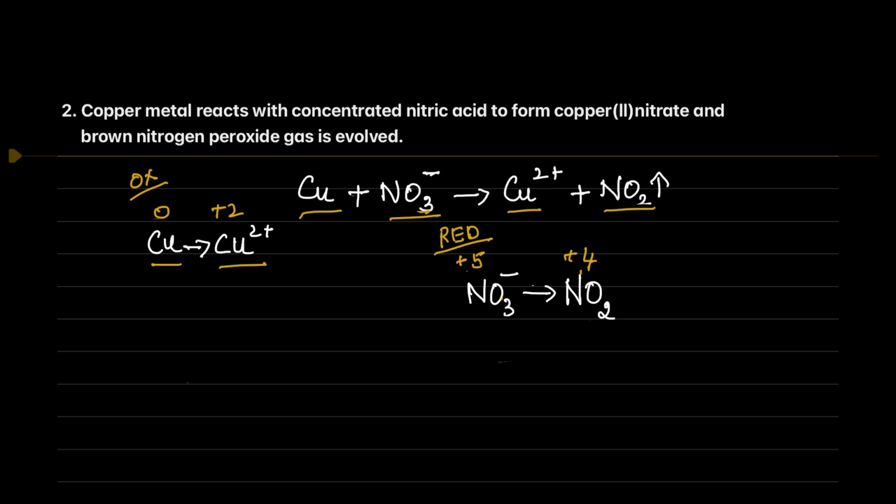The next step is balancing all the atoms other than oxygen and hydrogen. The first half equation involves only copper and no hydrogen or oxygen, and copper is automatically balanced. Coming to the second half equation, here also nitrogen is balanced, no problem.